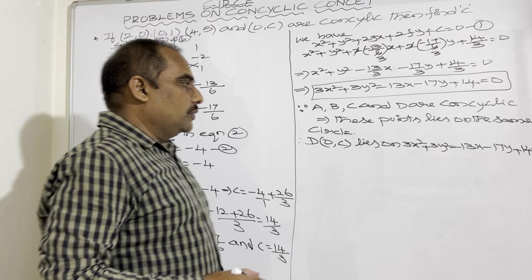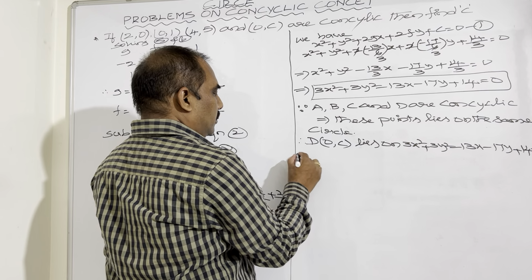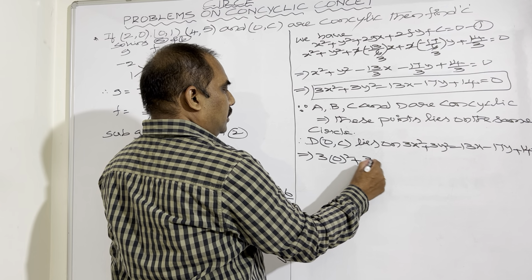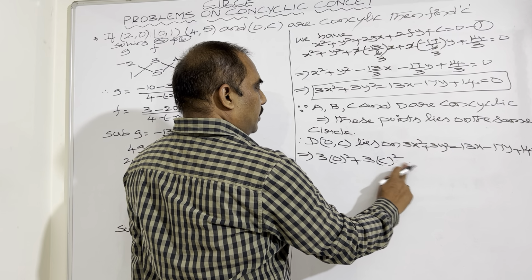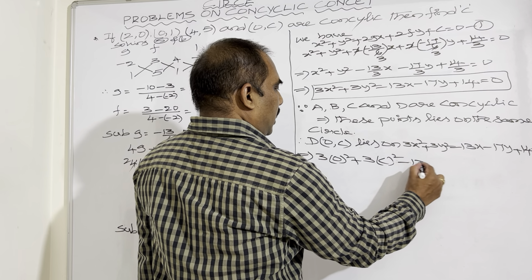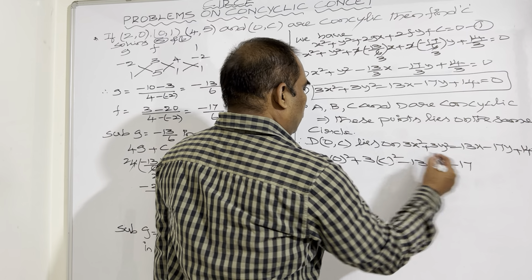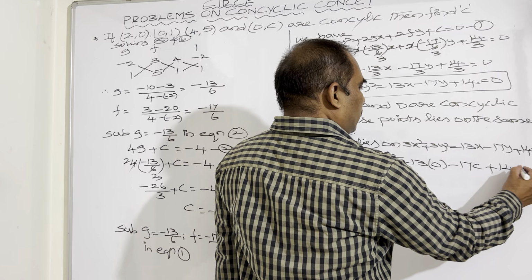Now substitute the value (0, c) in this equation. So 3 into x is 0, 0 square, plus 3 into c square, minus 13x, x is 0, and minus 17y, y is c, plus 14 is equal to 0.